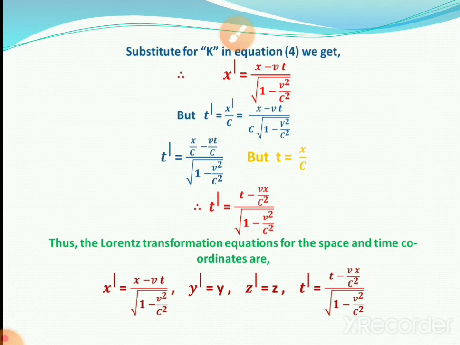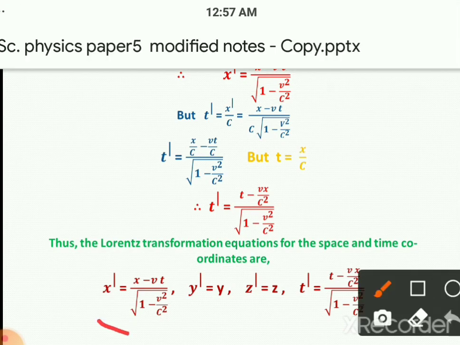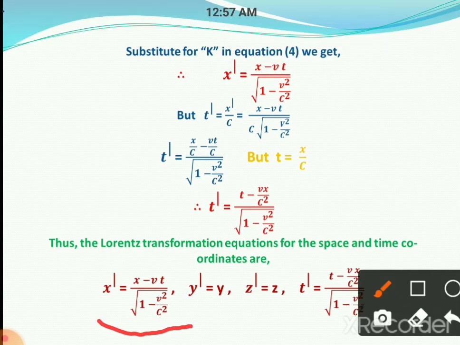So, we can write it as x dash is equal to x minus vt divided by square root of 1 minus v square by c square. y dash is equal to y, z dash is equal to z. That means, I already told that there is no motion along the y and z direction, only motion along the x direction.